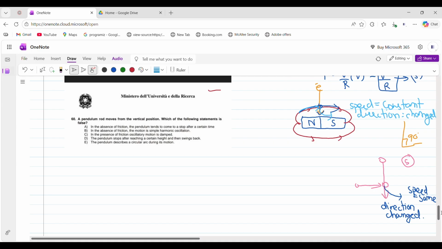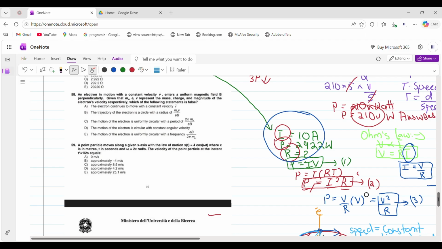Now let's see what the options tell us. The electron continues to move with a constant velocity. See, our speed would be the same. If speed had been written instead of velocity, our option A would have been correct, right? They have asked us to find the false statement.